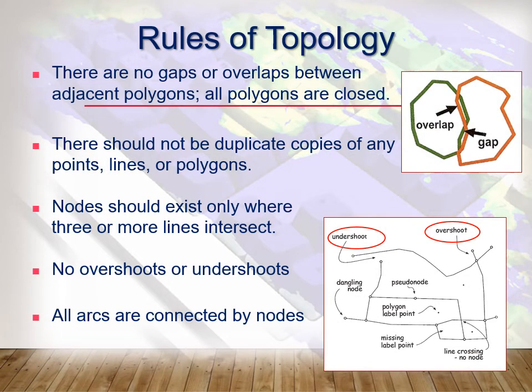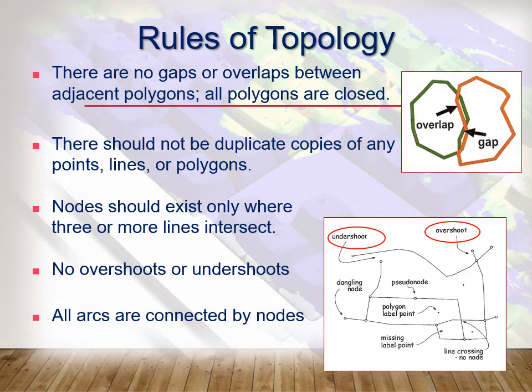Then we know that they have a directional component from and to. Some other rules of topology that really get into the integrity of your geometry. There cannot be any gaps or overlaps. There should not be any duplicate copies of anything. No nodes should exist where there are less than 3 lines intersecting. No overshoots, no undershoots.